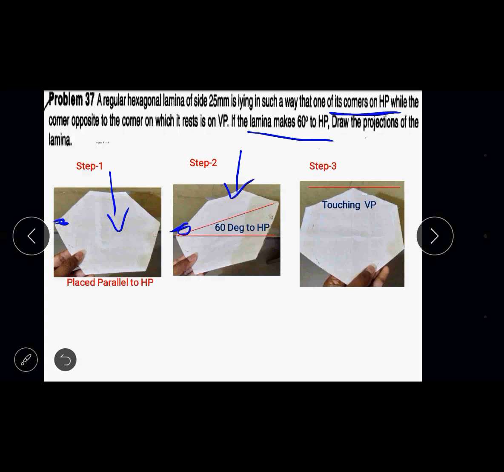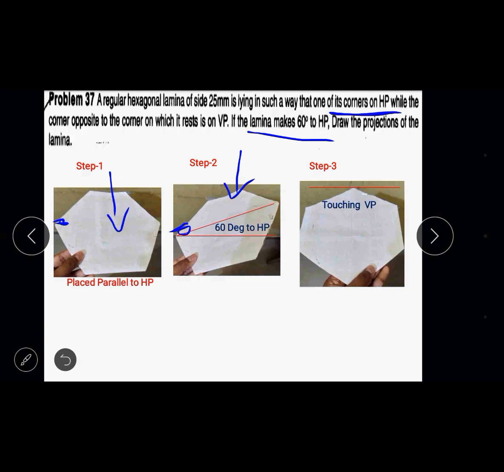And in the meanwhile, if you look at the inclined hexagon in the forward direction, on your opposite wall you will find the front view as a 60 degree line. The same front view that you got in step 1, you will get in step 2 with 60 degrees. So the dimension will remain the same.